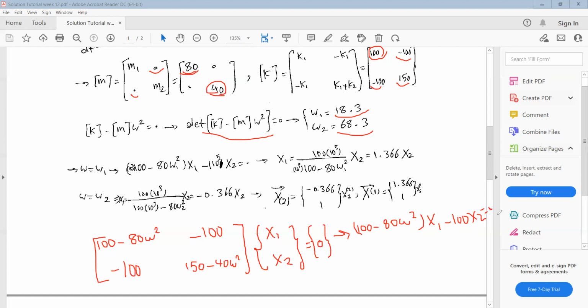So from this equation, we can find the relation between x1 and x2. So x1 is equal to 100 divided by (100 minus 80 omega squared) times x2. This is the relation between x1 and x2.